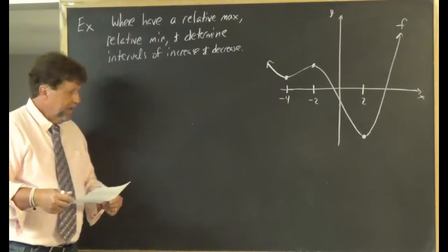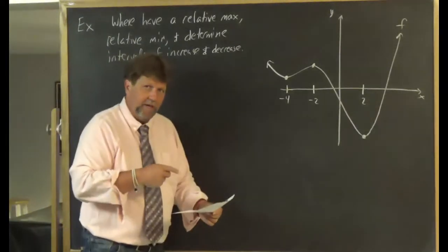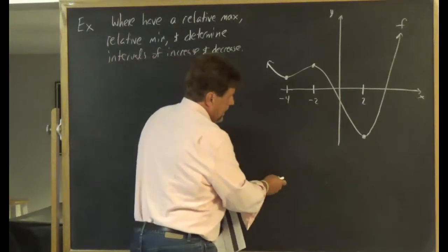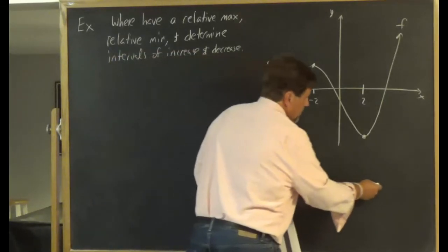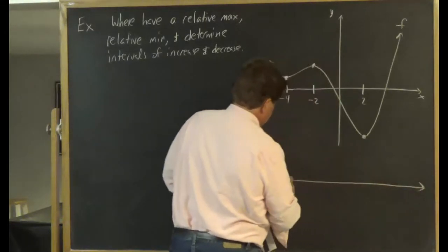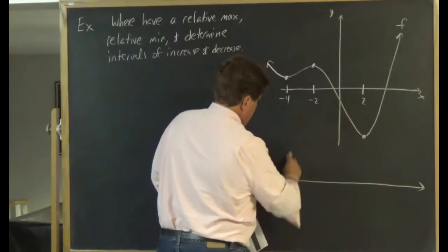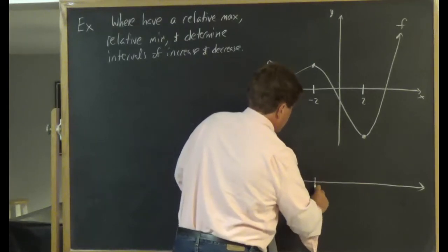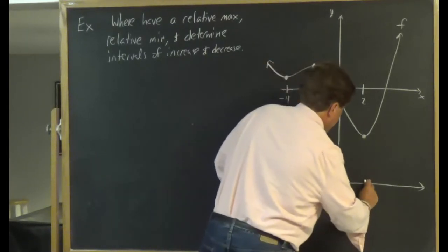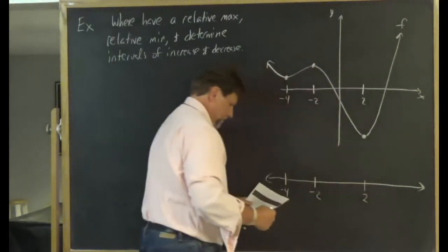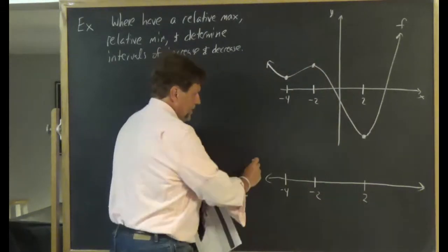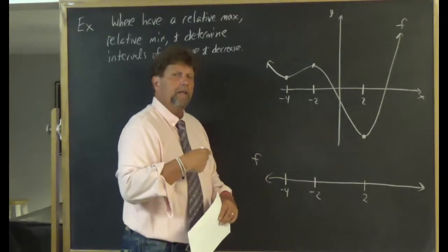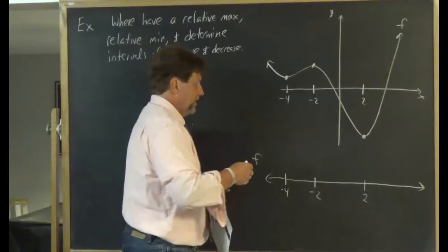So, one thing I'm going to do, I'm going to kind of foreshadow what's coming up real soon, is let me just make a number line right here, and on the number line, let me put -4, -2, and 2, and let me just put f. I'm going to symbolize the behavior of the function.